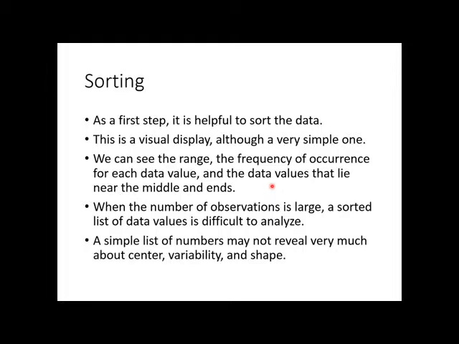If the number of observations is large, then the sorted list of data values is difficult to analyze. A simple list of numbers may not reveal very much about the center, variability and shape.